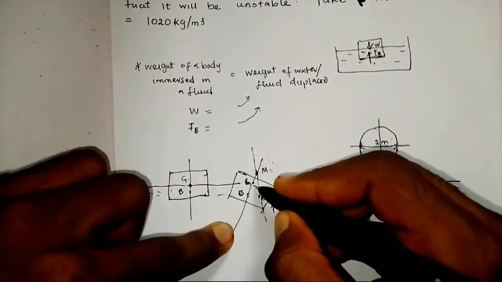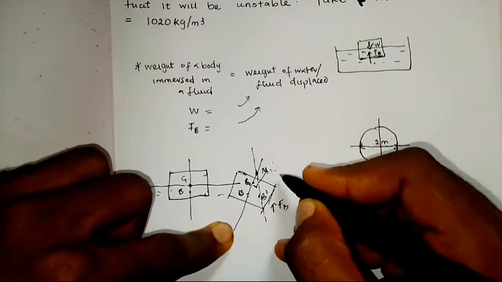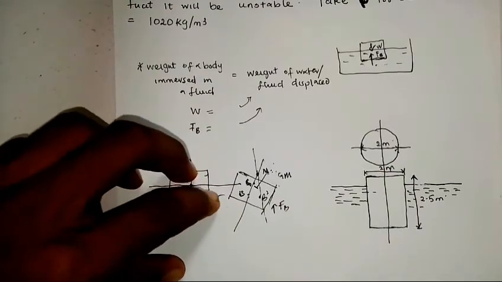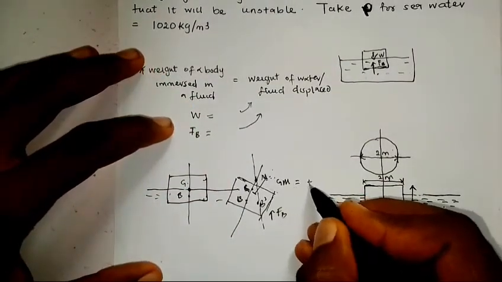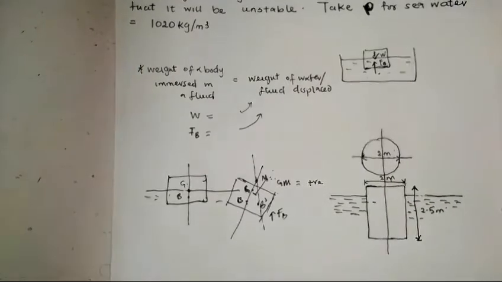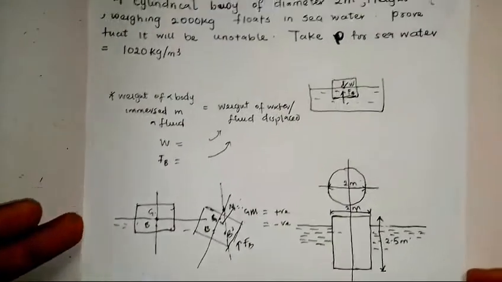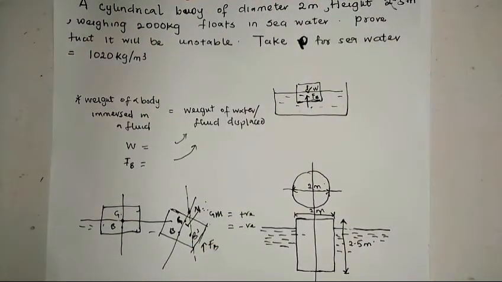The distance between the center of gravity and the metacenter is called the metacentric height. A substance will float or be stable when immersed in a fluid if the metacentric height is positive, and will be unstable if it is negative. So to prove that this body will be unstable, we need to get the metacentric height. If the metacentric height obtained is negative, then it is unstable.